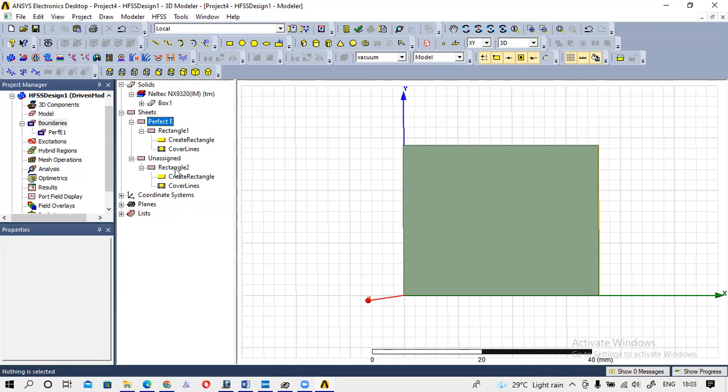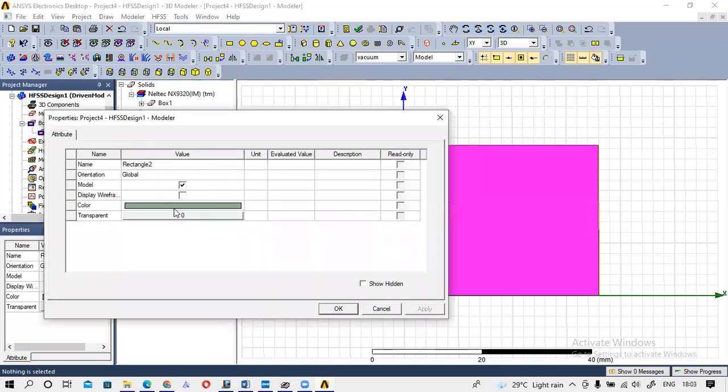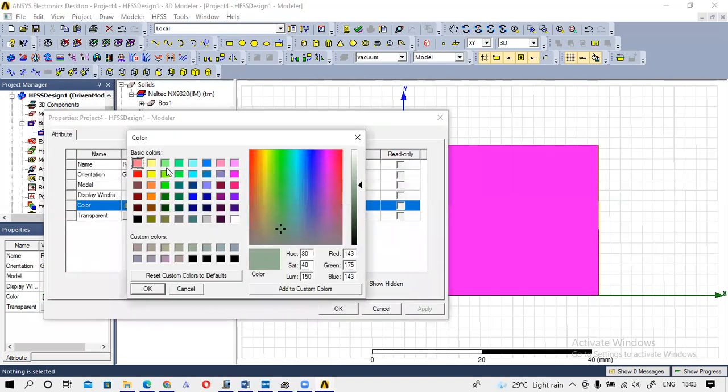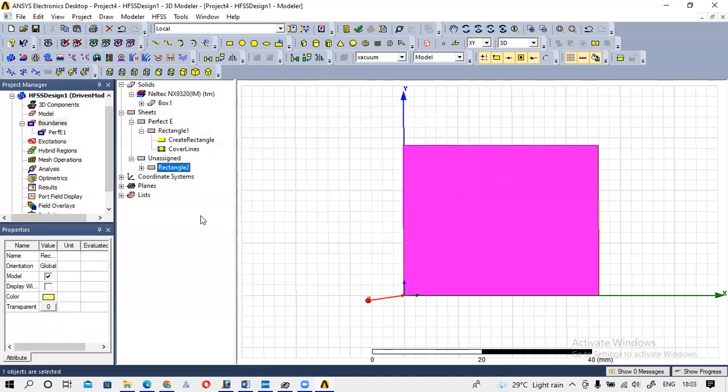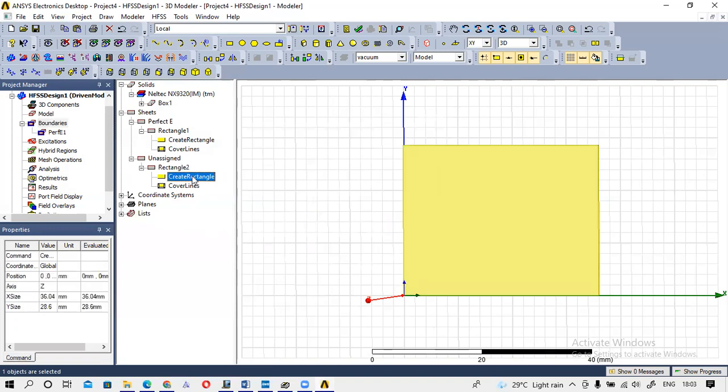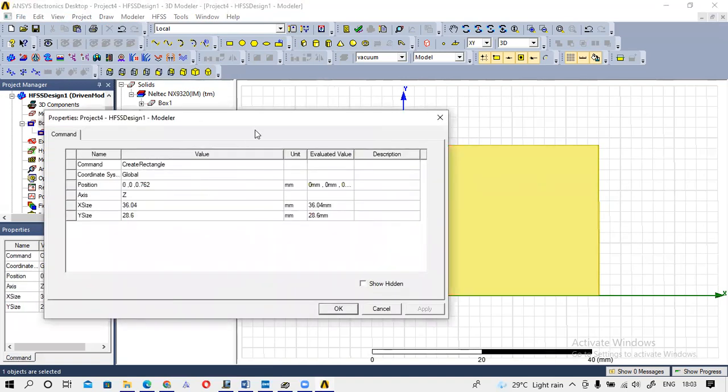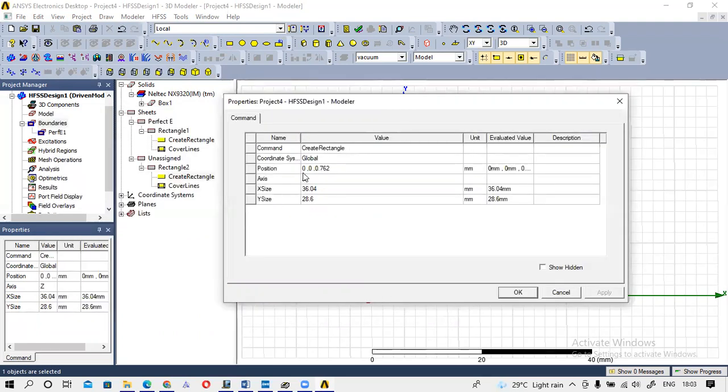I can change the color of this rectangle too, because it is copper, and I have to change the coordinates also. So you can see the position is 0, 0, 0.762.